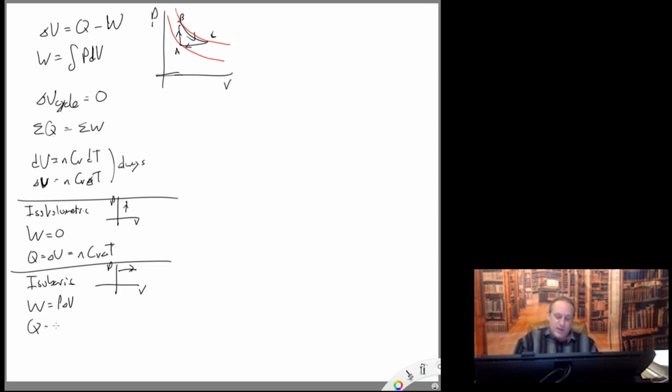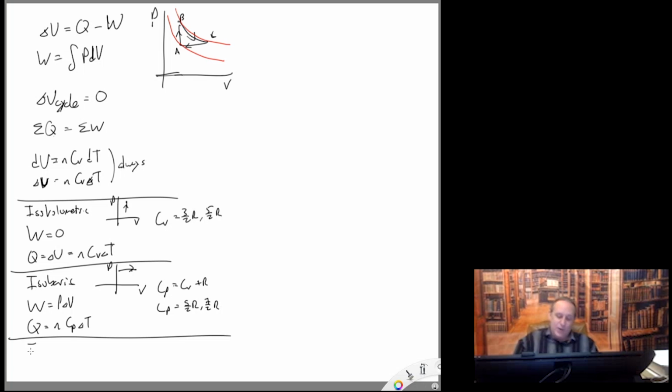And Q then becomes N times Cp delta T. And Cv is 3/2 R or 5/2 R, depending on whether it's monatomic or diatomic. And Cp is always Cv plus R. So that would make it either 5/2 R or 7/2 R.